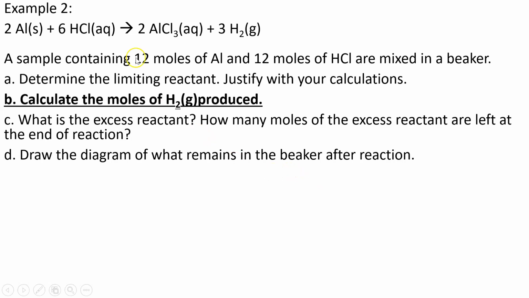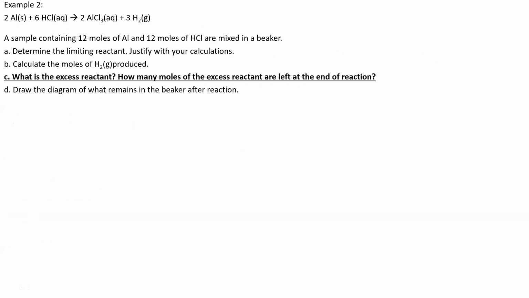So I'm going to use my 12 moles of HCl over 6 moles of HCl and set it equal to X moles of H2 over 3 moles of H2. And then I'm going to solve. Cross multiply and then divide by 6 to get 6 moles of H2. I want to know, actually that's exactly what I wanted to know, just moles of H2.